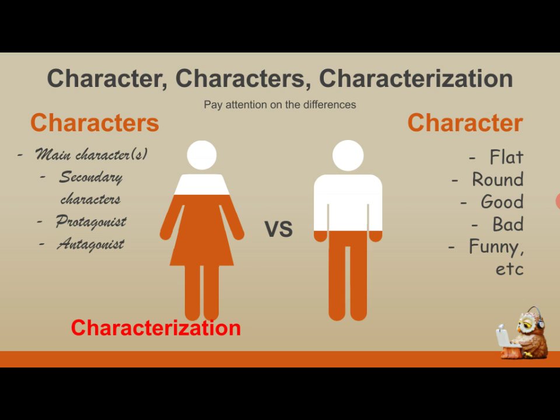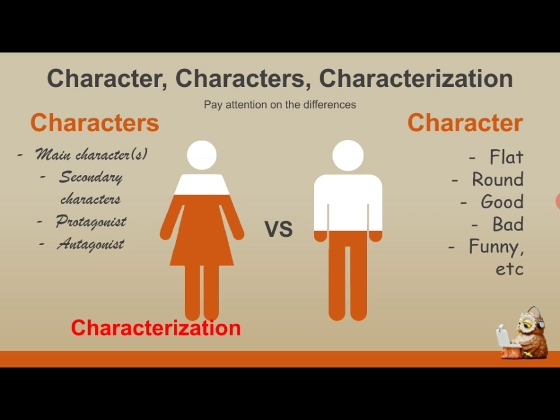When the character is round, it means that the character changes from one scene to the next, or from one incident to another, from one conflict to another. So sometimes he is good, and sometimes we cannot predict that he changes to another type of character. So that's a round character. And for the character, as you always know, it can be good, bad, funny, etc.